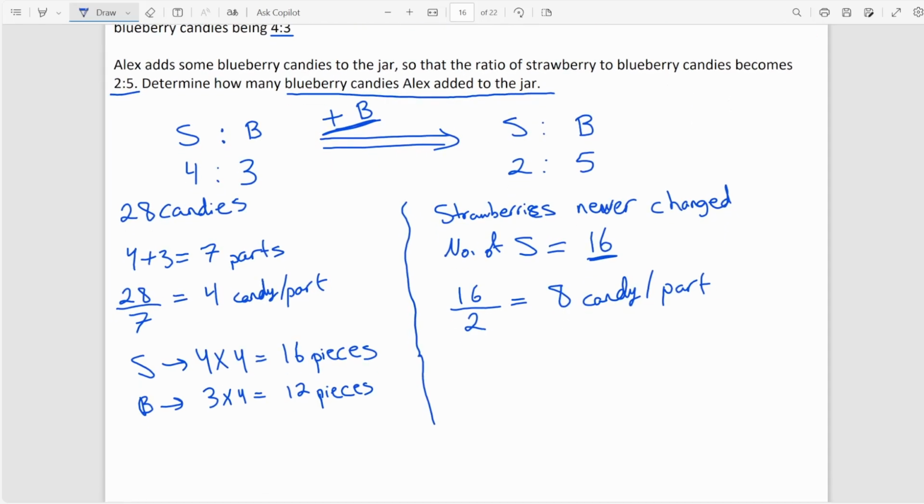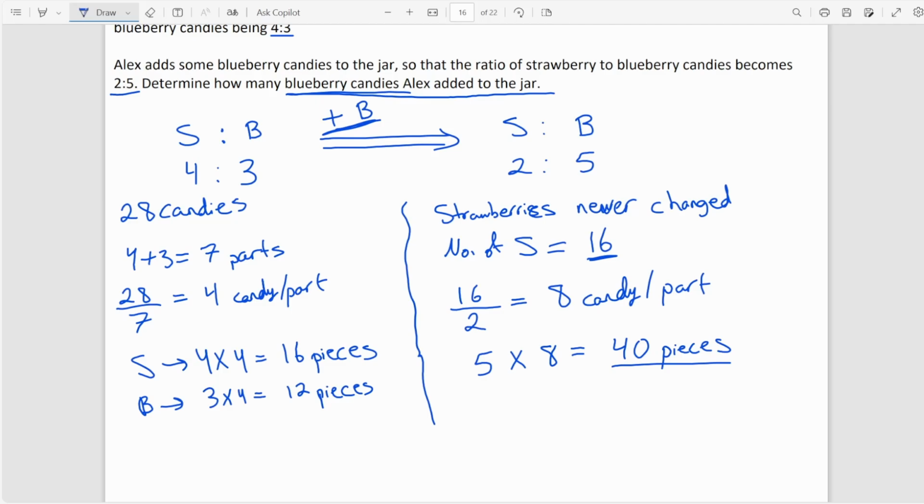All right, so can I now figure out how many blueberries I have? Yes, I can just multiply 5 parts of blueberries by 8 per part, and we get 40 pieces. Okay, so after adding blueberries, I have 40 pieces. Now you should note this isn't the final answer. This is the amount of blueberries I have in this ratio. Now, the question is asking how many did Alex add to the jar?